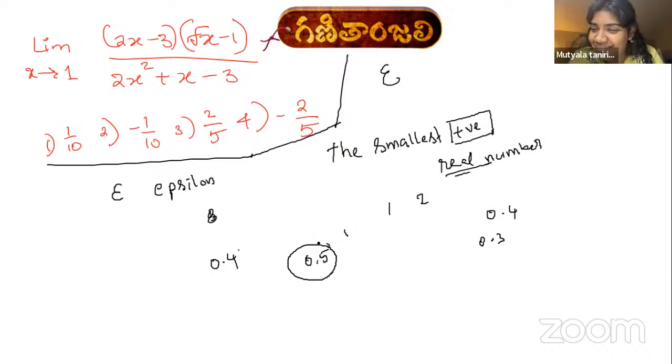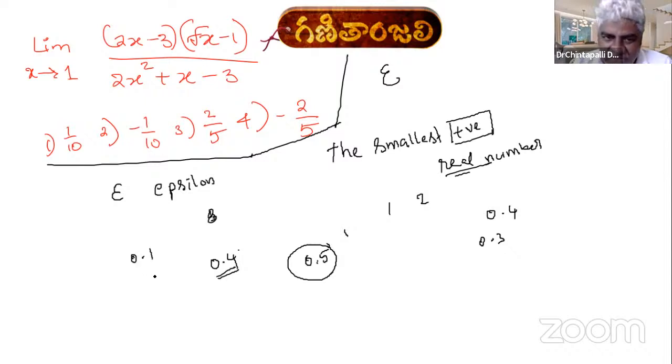Do you think that 0.5 is the smallest positive real number? No, sir. Even 0.4 is not the smallest. Even 0.1 is not the smallest, 0.01 is smaller than 0.1.